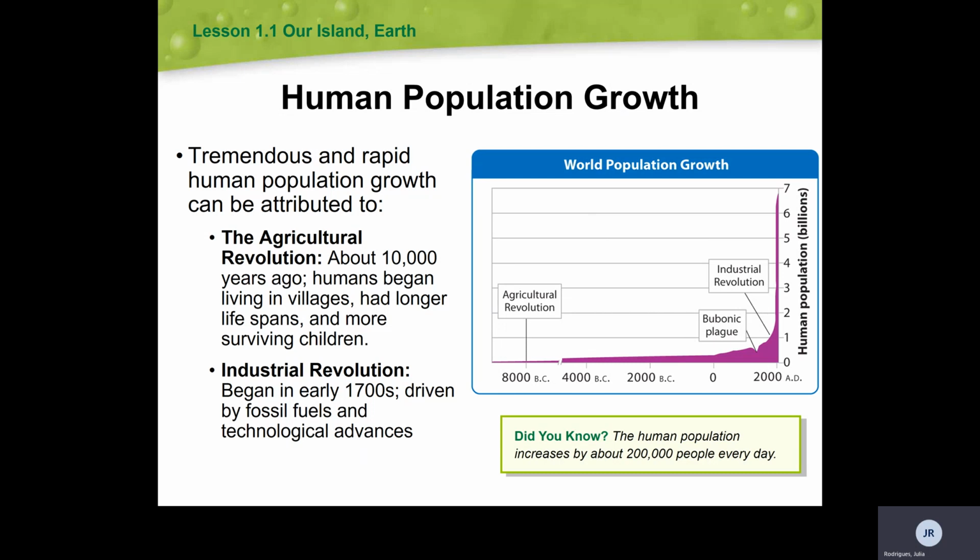But then with the industrial revolution, we were really able to make those technology advances, which helped that population growth go off the charts, as you can see here with that huge growth over here. With the agricultural revolution, a little bit started growing throughout time, but that huge boom was with the industrial revolution.